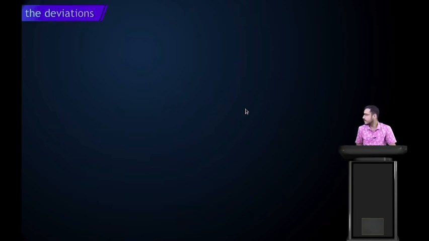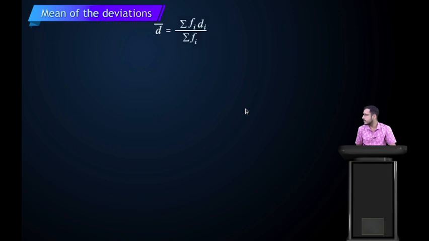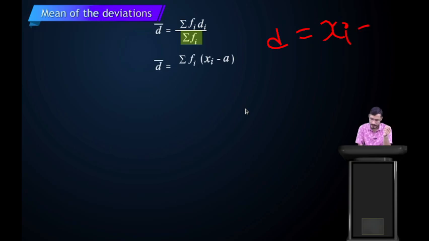Now the mean of the deviations, that is d bar. The formula of d bar is sigma fi di divided by sigma fi. And the formula of d is xi minus a. Deviation is equal to xi minus a.